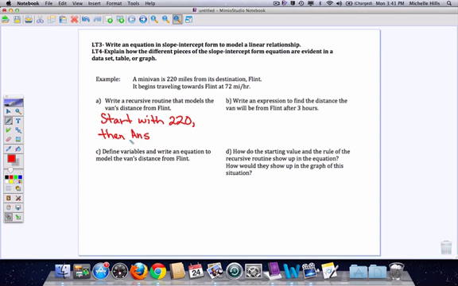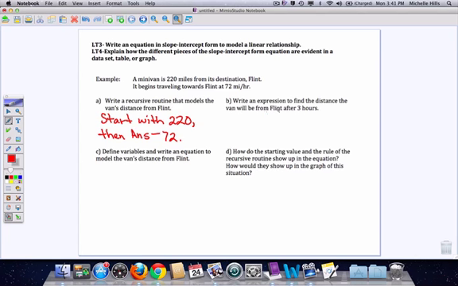Are you taking the previous number and subtracting something from it? In this case, it's traveling towards Flint. So after 1 hour, it's going to be less than 220 miles away. So answer minus. And how much is it traveling every hour? 72 miles. So my recursive routine, start with 220, then take the previous answer, so ANS, minus 72.